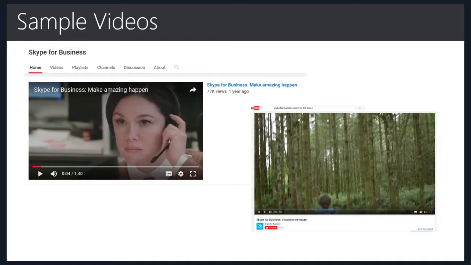The Make Amazing Happen one is very interesting because it talks about the scenario where you've got internal and external teams collaborating on a fairly time-crucial project and engagement, which we found can translate very nicely to many of our customer and business user interactions. The Vision for the Future one is again a slightly wider set of engagements, and these I suppose are our personal go-tos that we use.